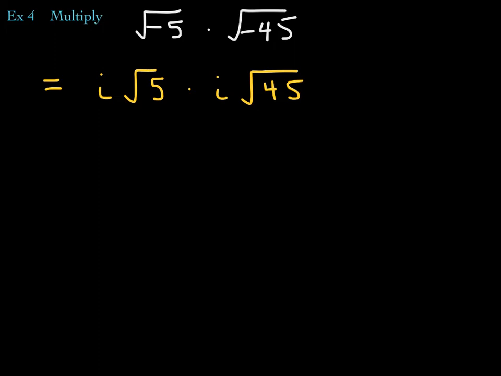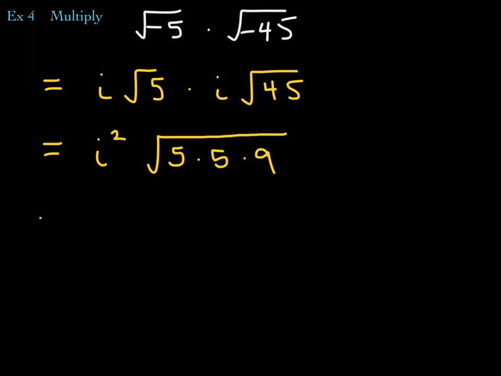You could not use the product rule before and get the right answer. So here, I get i times i, which is i squared, and then we have the square root of 5 times 45. I'm going to write this as 5 times 9. This 5 right here is that 5, and then 45 I wrote as 5 times 9.